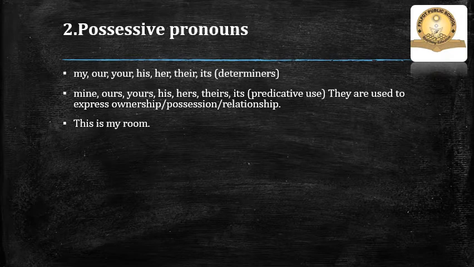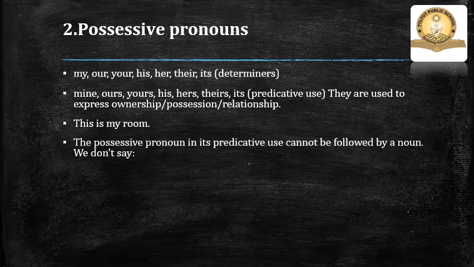So who's the owner of the room? I am the owner of the room. Okay, I have the possession of the room. So therefore I'm going to use my as my possessive pronoun, because there is a relationship being shown between the room and me, and the relationship is that I am the owner of the room. Okay, the possessive pronoun in its predicative use cannot be followed by a noun.